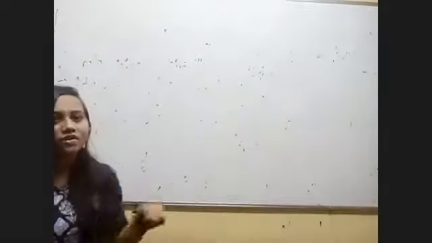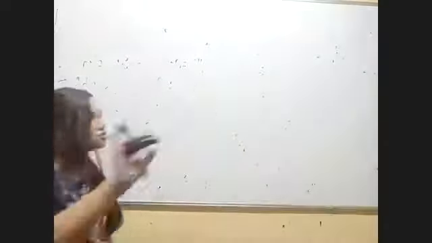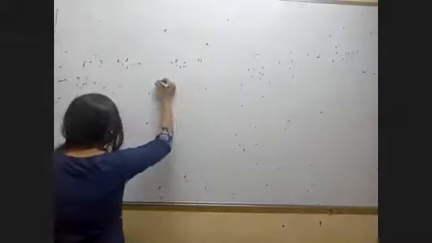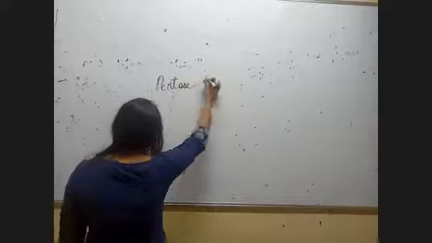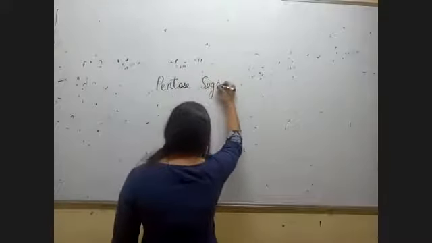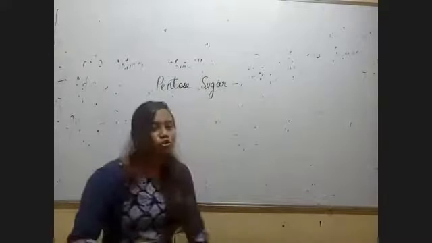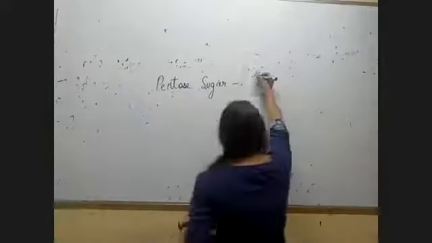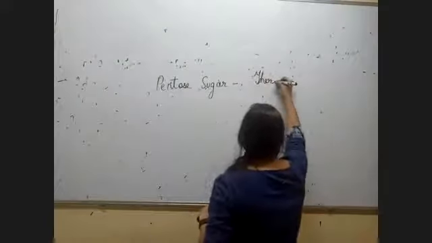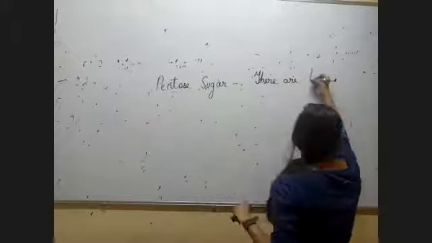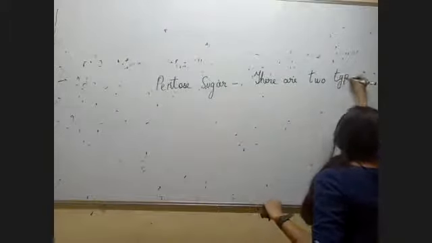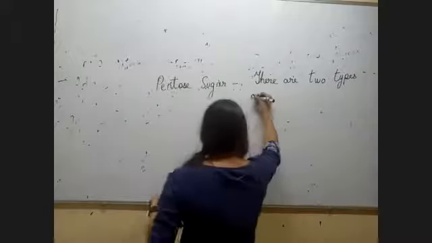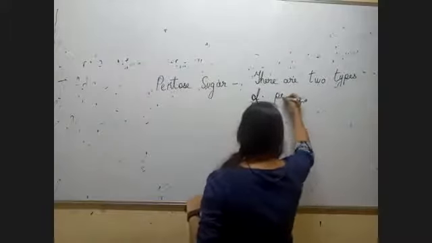So this part about the bases we have discussed. Next we'll discuss the pentose sugar. Pentose sugar are of two types, which we have already discussed when we covered carbohydrates.